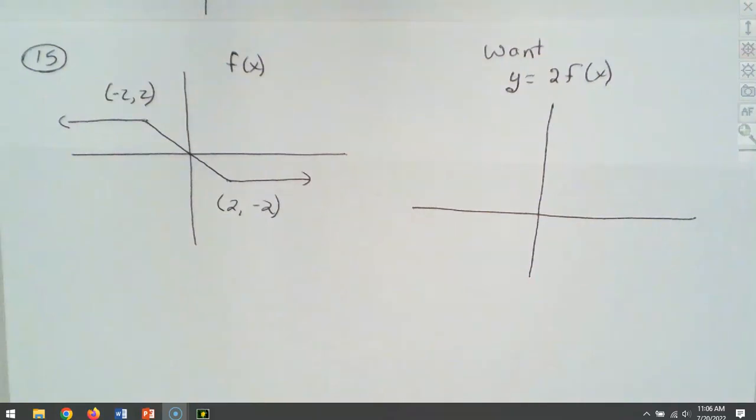Is that 2 located on the end as an addition or subtraction? No. If it was on the end, that would move it up or down. Is that 2 inside the parentheses? No. That would move it left or right. Where is the 2 at? The 2 is in front.